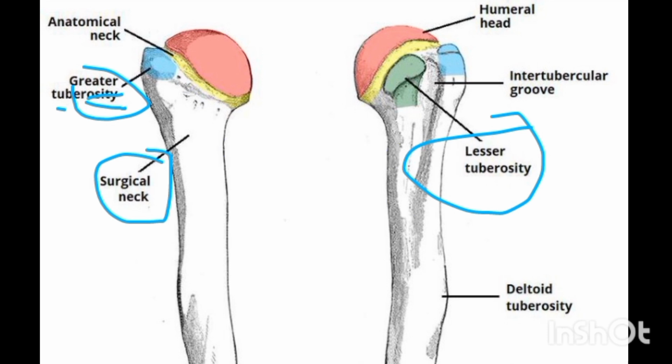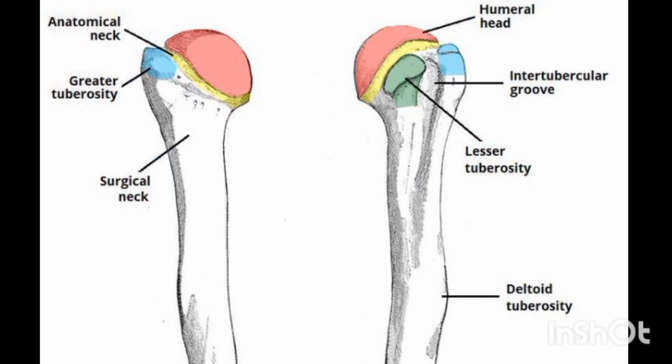In between these tubercles is your intertubercular sulcus, also known as your bicipital groove. This groove lies between the two tuberosities. It has a floor and two lips, your medial and lateral lip.